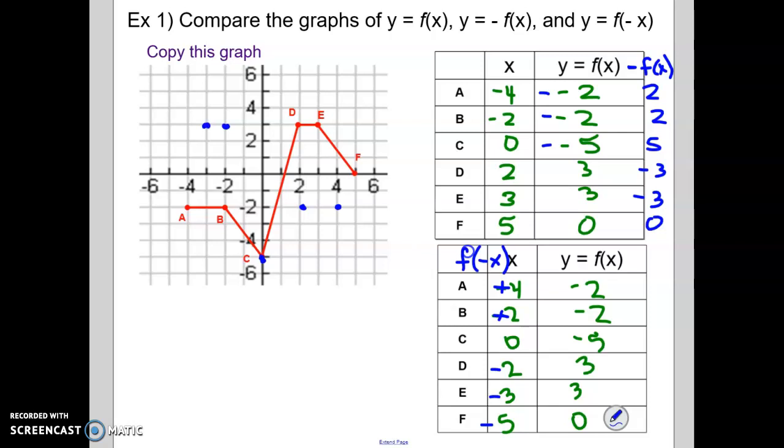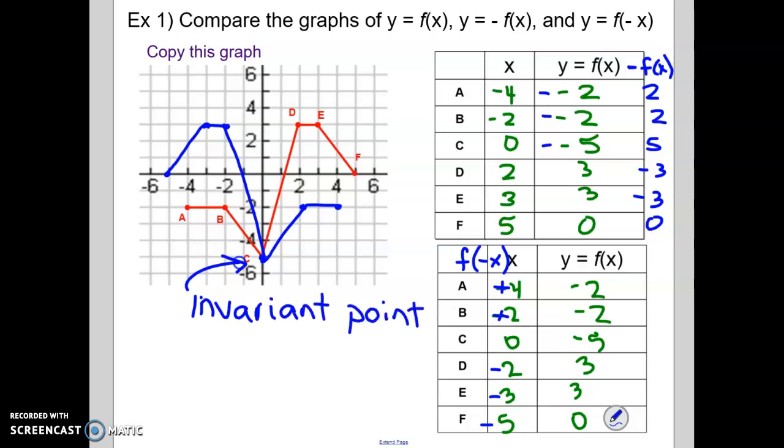And -5 and 0. So connect the dots. You'll notice that now the reflection has been horizontal. So it's a left and right flip. And let's also label our invariant point. This time the invariant point is at point C, because that's the point that did not change when we reflected it, and it was lying on the line of reflection.